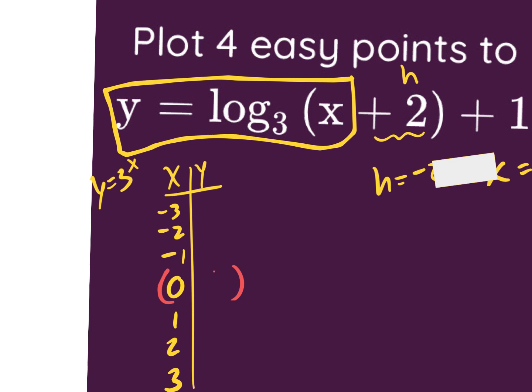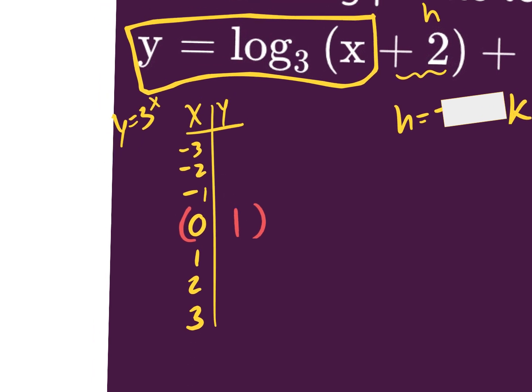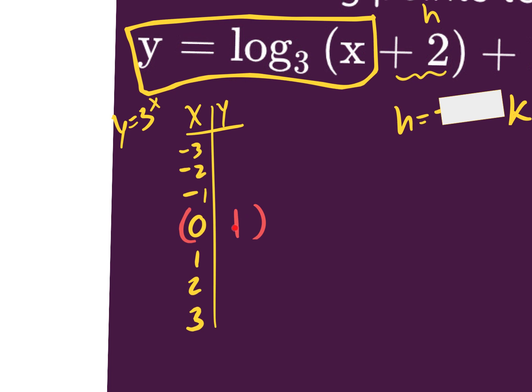And then I can make that output grow by 3. So that 1 times 3 will get me to the next output, which is 3, times 3 is 9, times 3 is 27. Going backwards, it's dividing by 3, which means multiplying by 1/3. So you get a 1/3, you get a 1/9, and a 1/27.